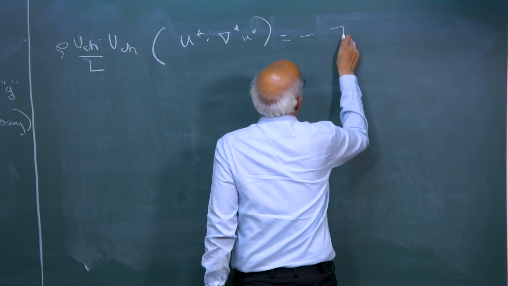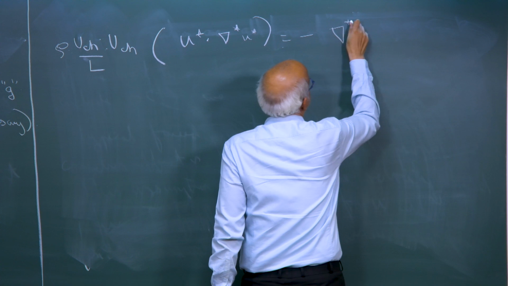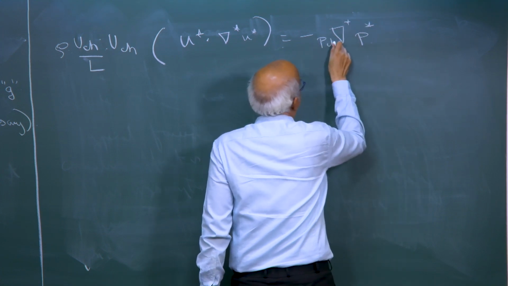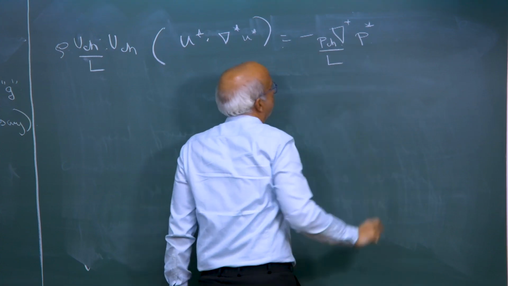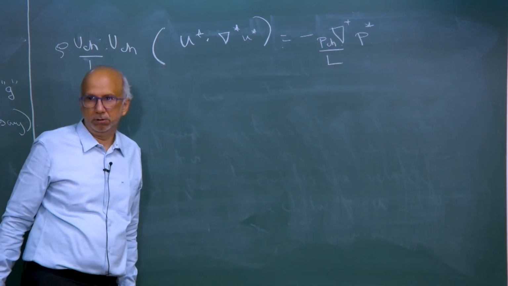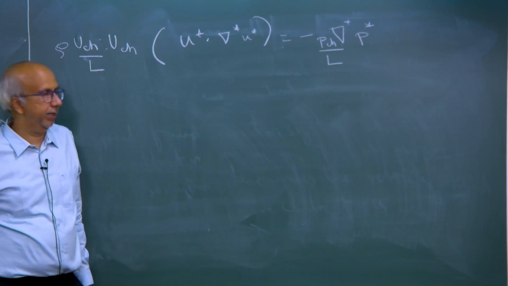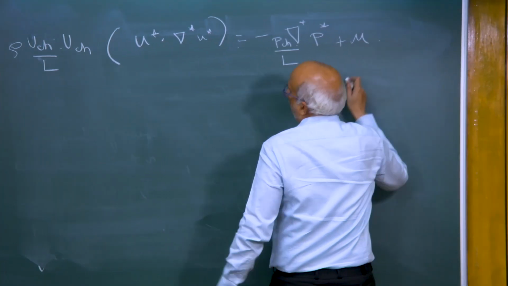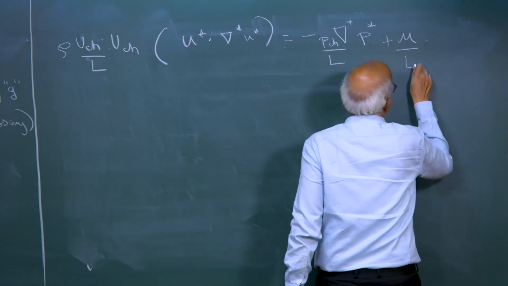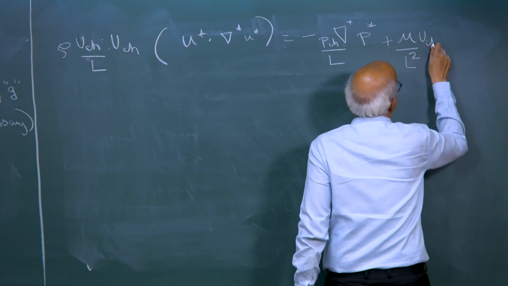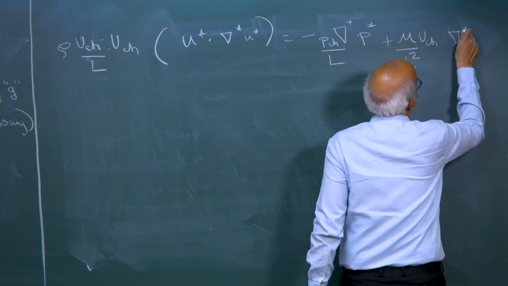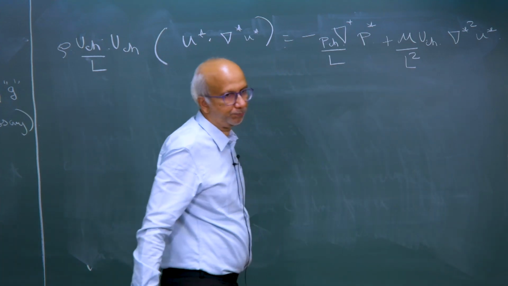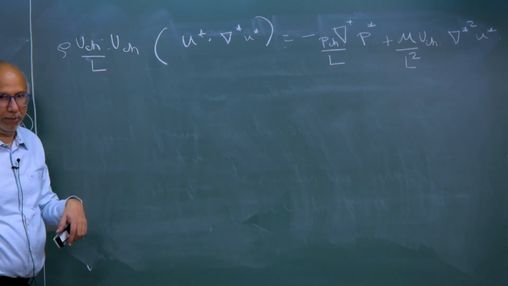minus p, I am converting this to p star. So, I will get a p characteristic out, I convert this to del star, so I get an L out, okay, plus mu del squared u, so I get an L squared out times the u characteristic out del star squared u star, okay.